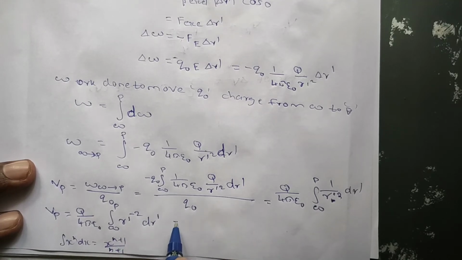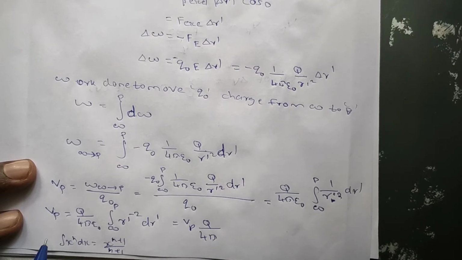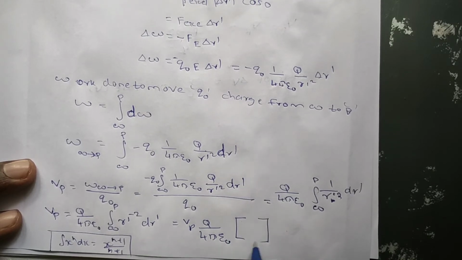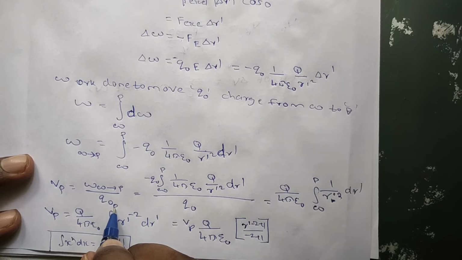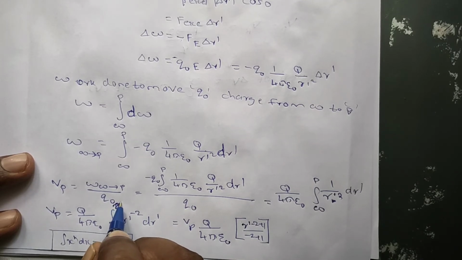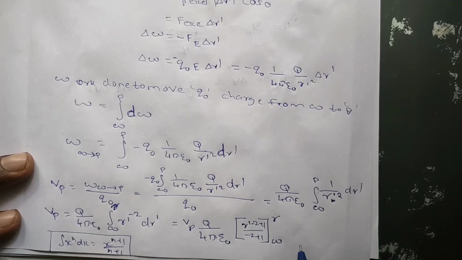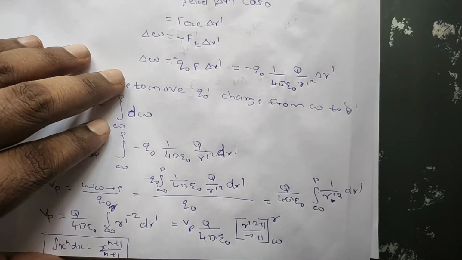So here what you will get? Vp is equal to Q divided by 4 pi epsilon naught. Take this as in a box: 1 by 4 pi epsilon naught. What is the integration? Integration here will come R power minus 2 plus 1 divided by minus 2 plus 1. Clear? Upper limit is P. P is at how much distance? R distance from it. So we'll write here R to infinity. Clear? Okay. That we can write like this.